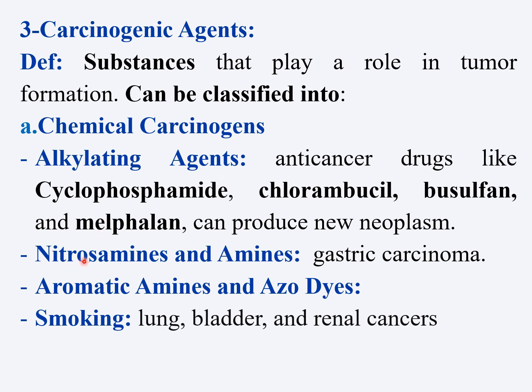Also, we have nitrosamine, amine, and azo dyes, which are found in preserved food, and may result in GIT cancers like gastric carcinoma and so on. Also, we have smoking. As you know, smoking is associated with lung cancer, bladder cancer, and renal cell carcinoma. But we will talk about smoking and its relation with these cancers later on in another video.